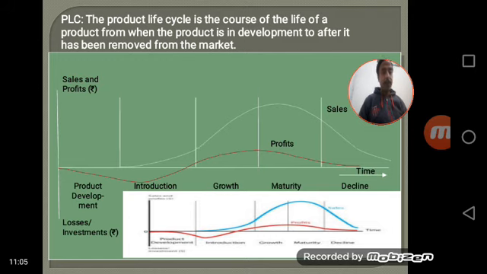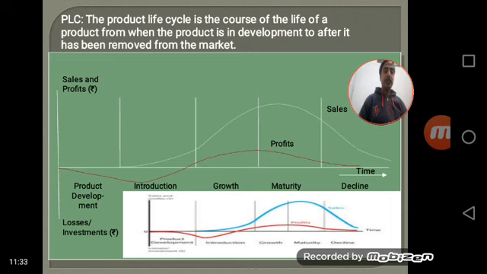So if your sales increase, your profit will increase. In product development you will incur loss because you are incurring the cost only. You are just developing a product. In the introduction stage you will recover that cost. That's why it is showing you a loss, but your sales have started in the introduction stage. In the growth stage you reach the break-even point. Now you start earning profit.